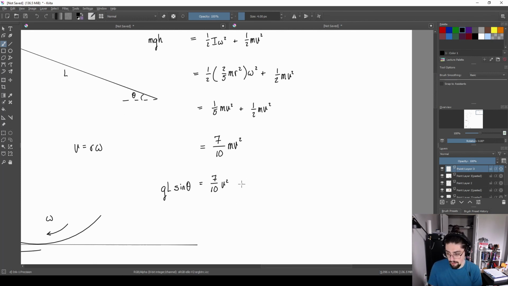So I could say that my velocity as we get down to the bottom, Vf, let's just call it that for now, is going to be the square root of 10 GL sine of theta divided by 7, an entry into the competition of most disgusting numbers of all time. Find a quantity for that, and if we actually do that, we don't have a number for that one, right? Yikes.